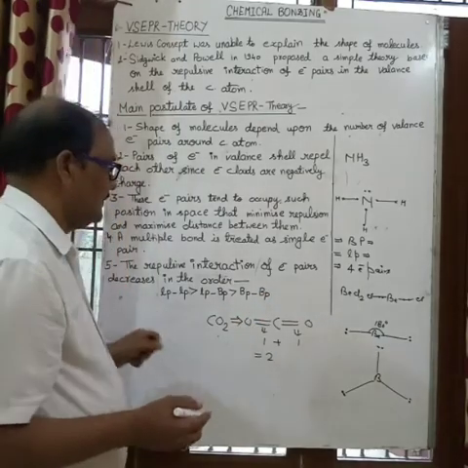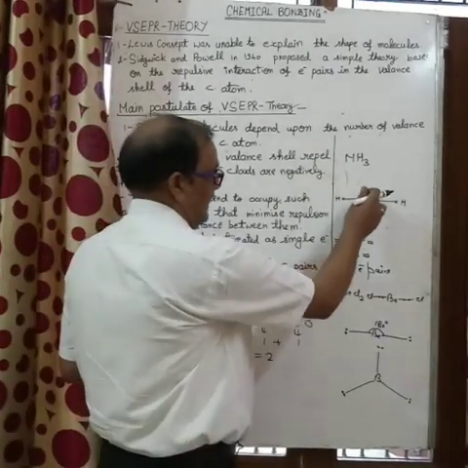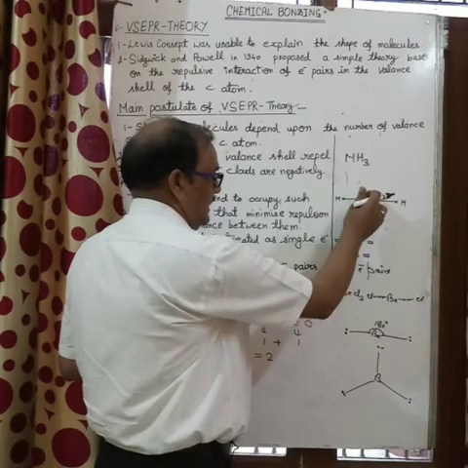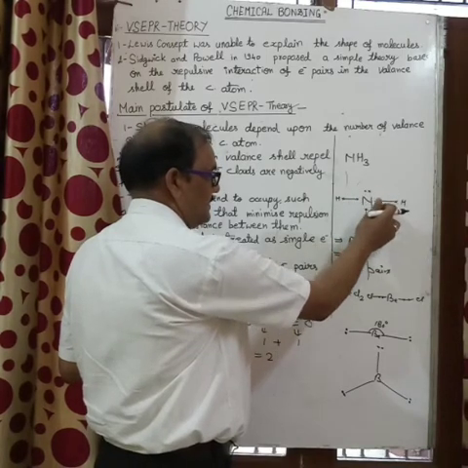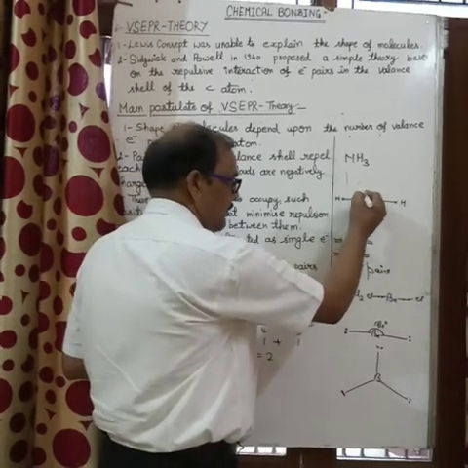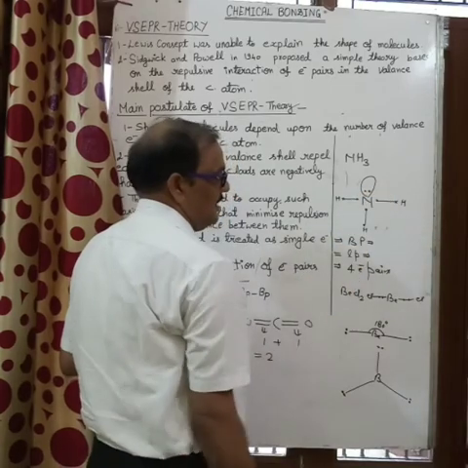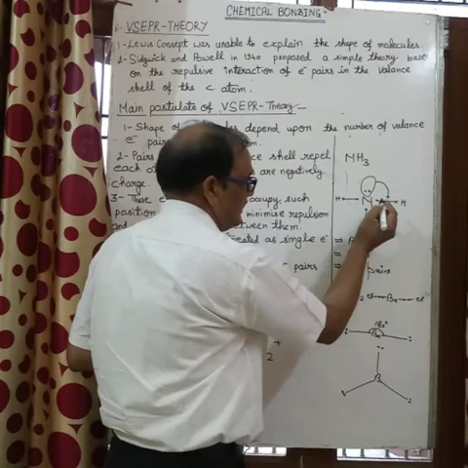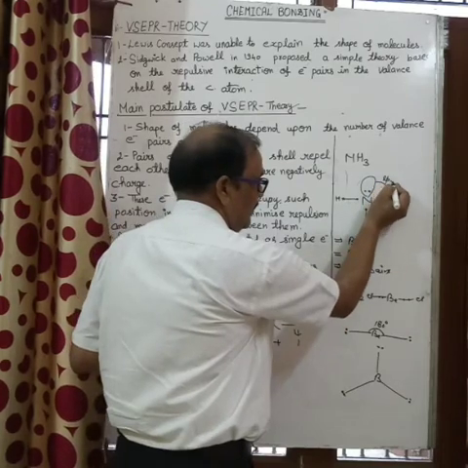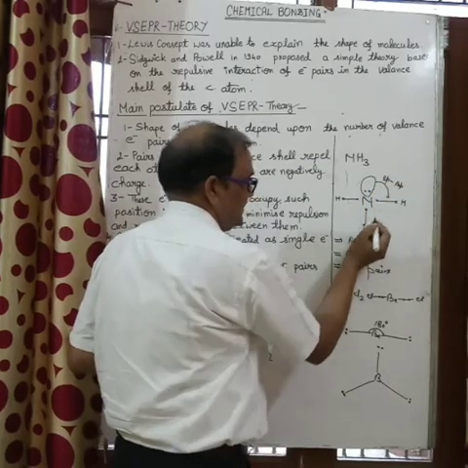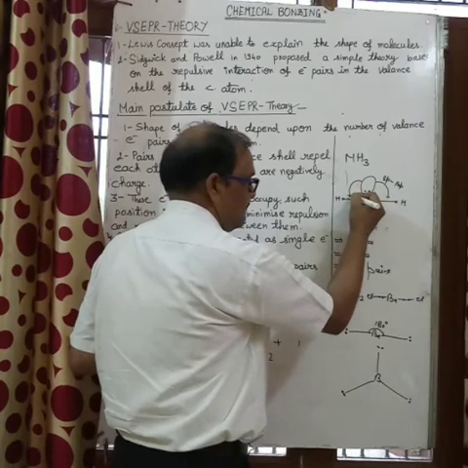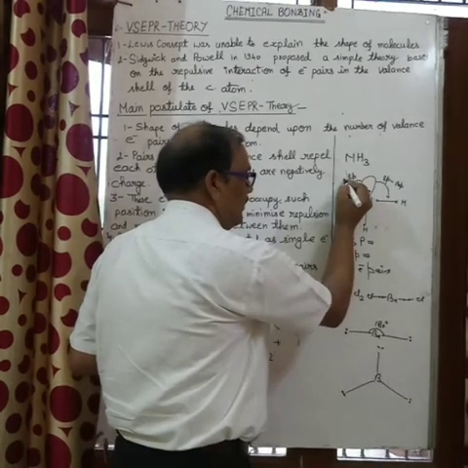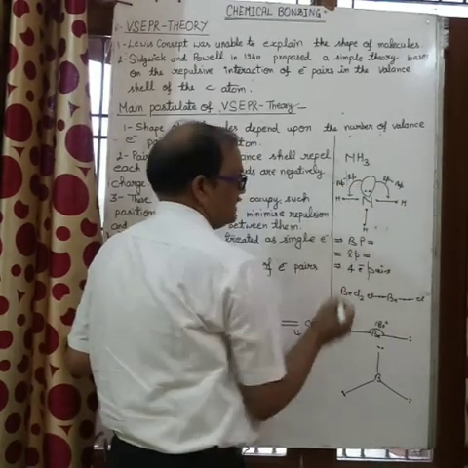For example, in the case of NH3, there is one lone pair and three bond pairs, and this one lone pair is present in a p orbital. This type of repulsion is the lone pair-bond pair repulsion. And here again, there is a lone pair-bond pair repulsion.